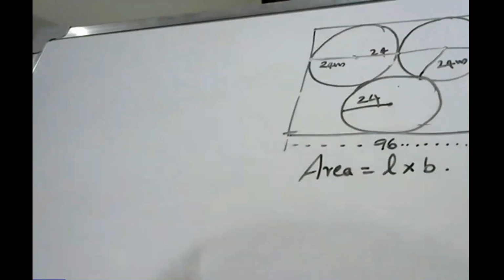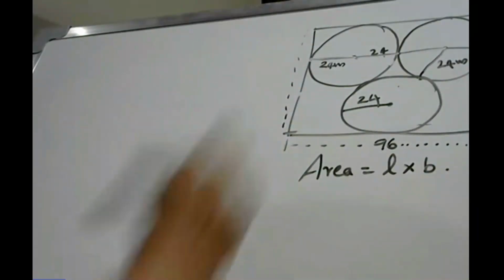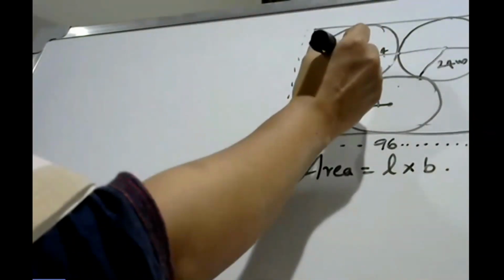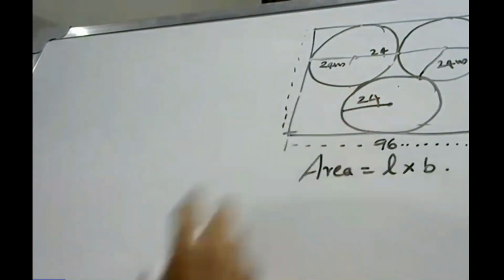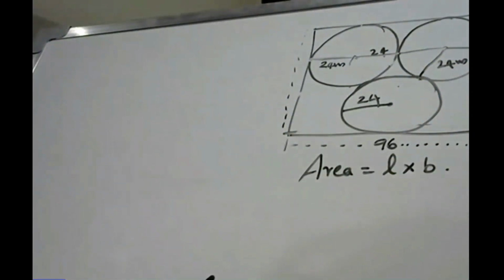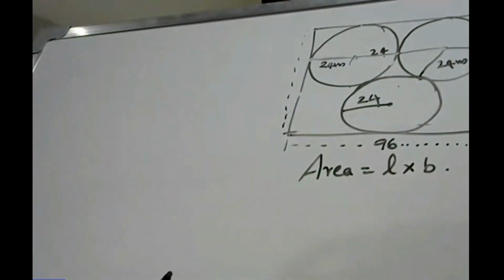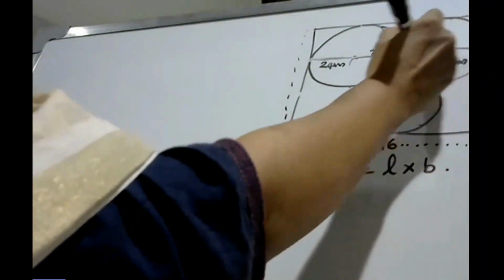Now we are asked to find the area. To find the area, we have to find the breadth, meaning this length. See, if we do the same thing, I take here a radius, again one more radius, again it won't work. So what I can do is, since these are three identical circles meeting each other at a point, I'm going to join the centers of each circle.